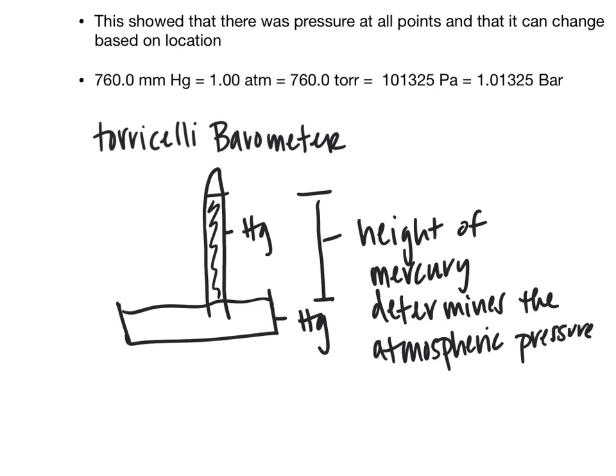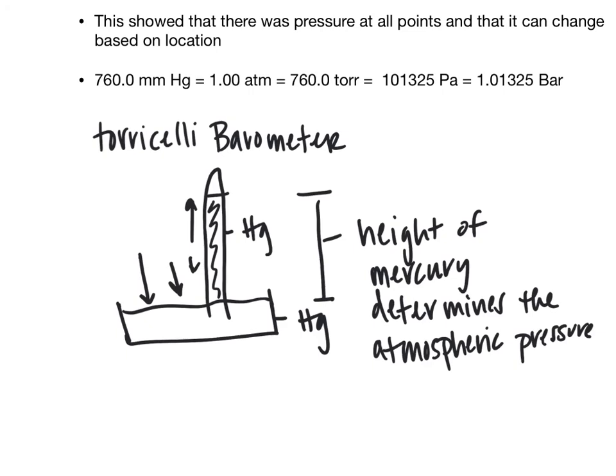Because using displacement theory, as the atmospheric pressure pushes down on the mercury in the dish, it will cause it to either rise or lower based on the atmospheric pressure. Basically, it can go up or down in this tube based on the atmospheric pressure.